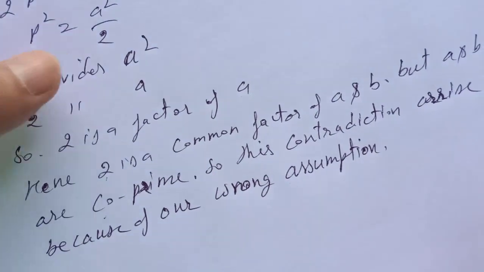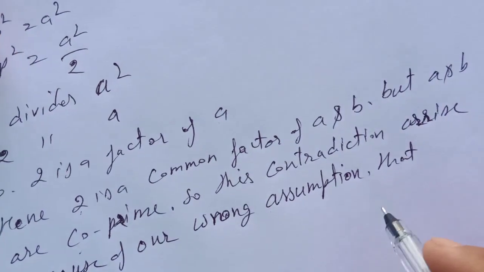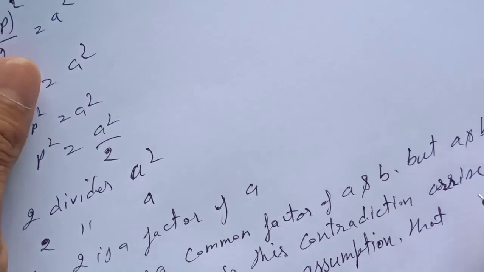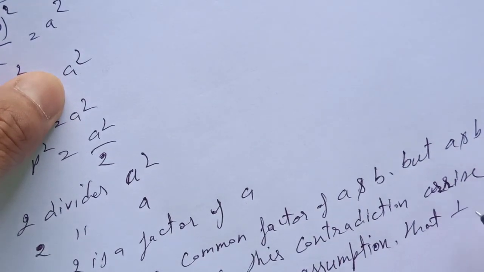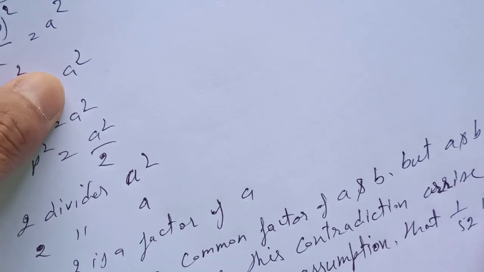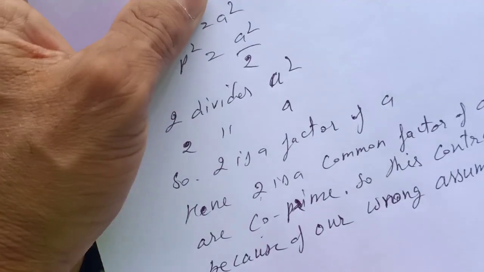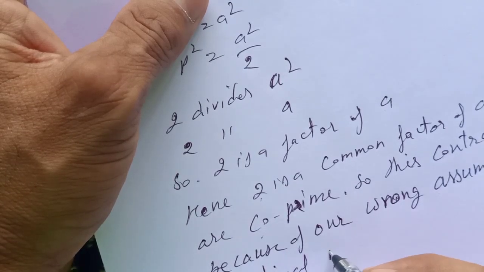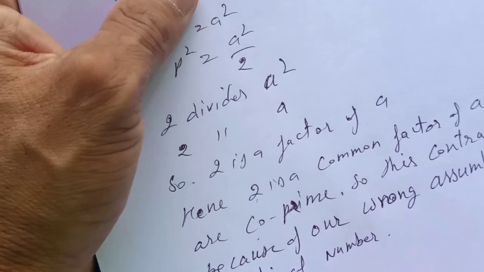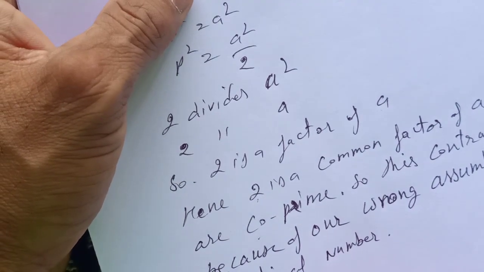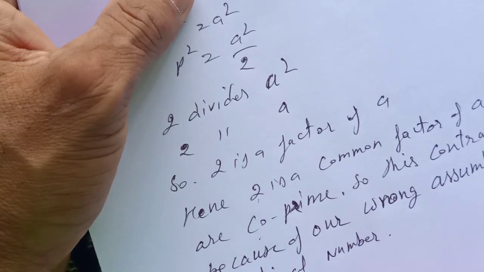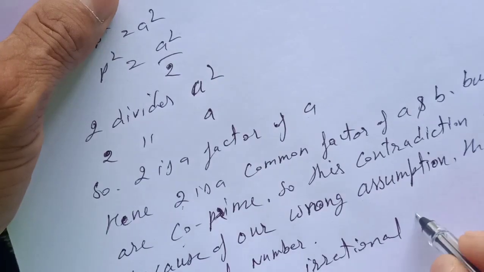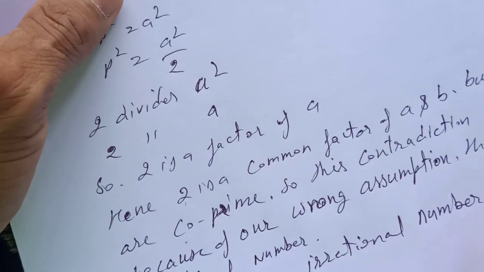Because of our wrong assumption that 1 by root 2 is a rational number. Therefore 1 by root 2 is a irrational number.